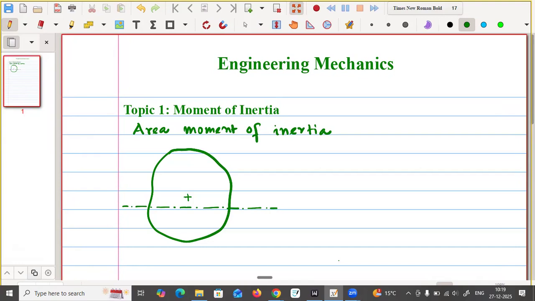The moment of inertia is basically the second moment of area, so this is also called second moment of area.